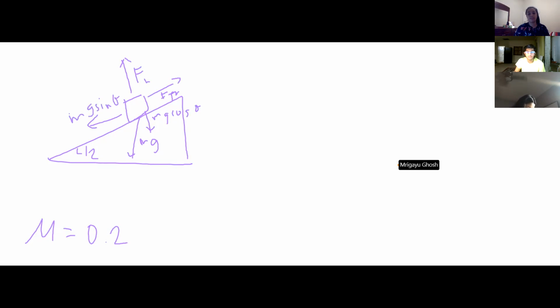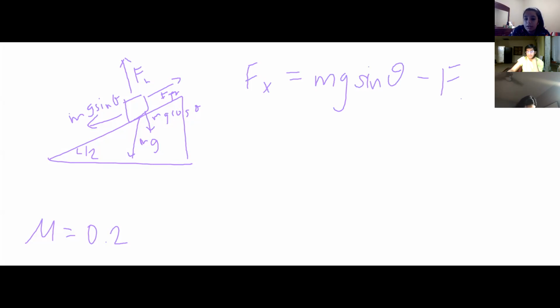Okay, so the coefficient of kinetic friction for the child. Okay, what is the magnitude of her acceleration during her sliding? Okay, so we have to find acceleration. So we're finding horizontal. And so that means, okay, wait, I'm just gonna write it like this for now. This would be mg sine theta minus F friction, right?